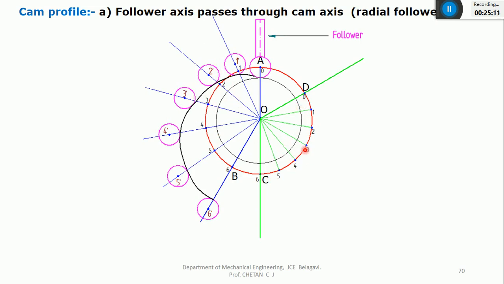Same method. And after that, I'll extend these radial lines in a downward direction to some convenient distance, any distance. And the next step is again, with respect to these 6 radial lines, you have to transfer the distances from the displacement diagram, that is 6 to 6 dash, 5 to 5 dash, 4 to 4 dash, 3 to 3 dash, up to 1 to 1 dash.